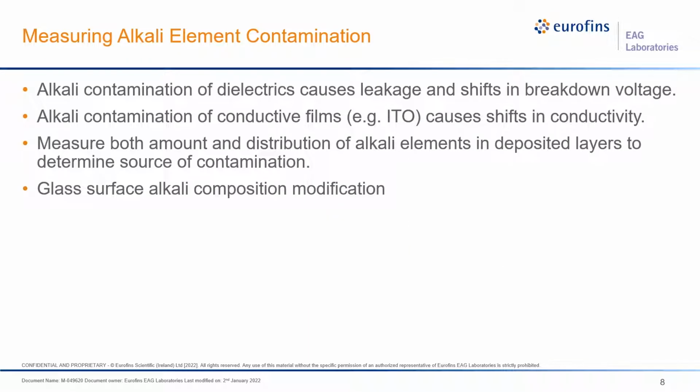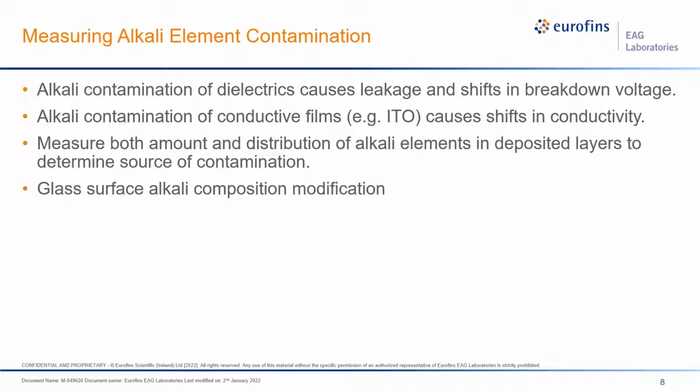Why is alkali contamination important in materials? In the semiconductor world, alkali contamination in dielectrics causes leakage or shifts in breakdown voltages. Alkali contamination in transparent conductive oxides, such as indium tin oxide, causes shifts in conductivity, just like in the dielectrics in semiconductors.